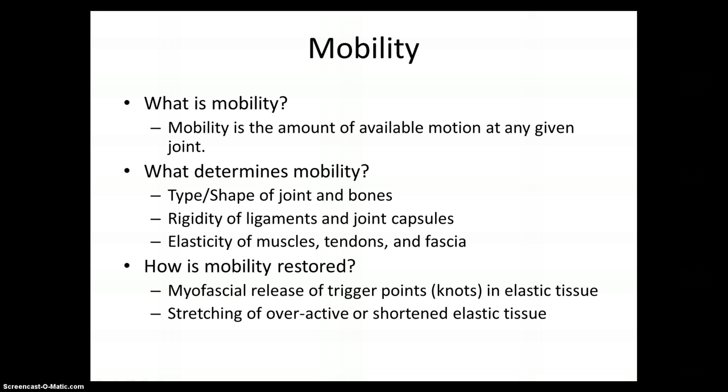And then we're going to stretch that overactive tissue or that shortened elastic tissue, or that tissue that's become inelastic or tight. Effectively, reestablishing mobility is the absolute first and most important component. If we do not establish mobility first, it's all for naught. So remember, when it comes to restoring function, mobility is key.